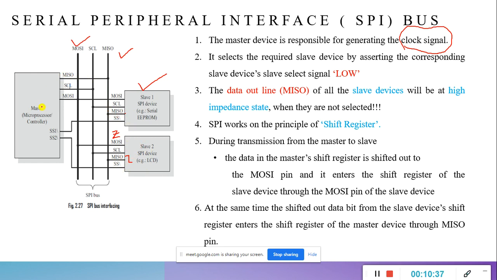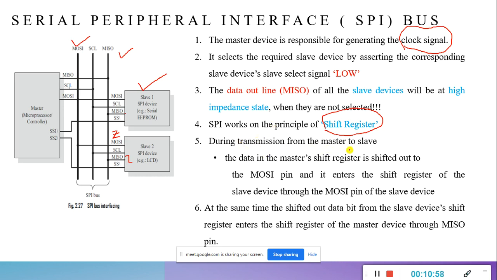The job is very simple, but SPI works based on a shift register. So what do we mean by shift register? The data is transferred in the form of shifting the signal.